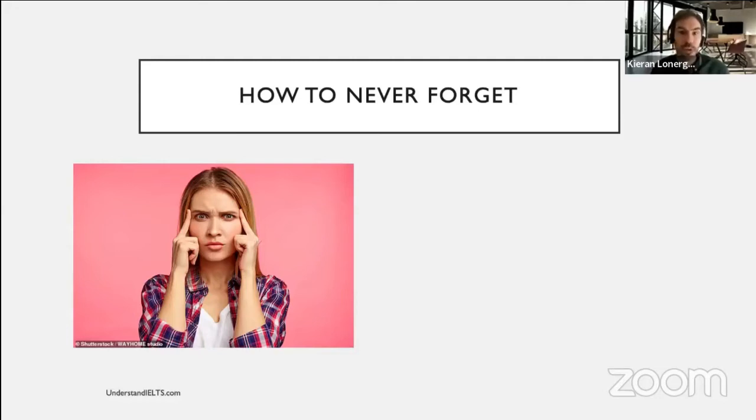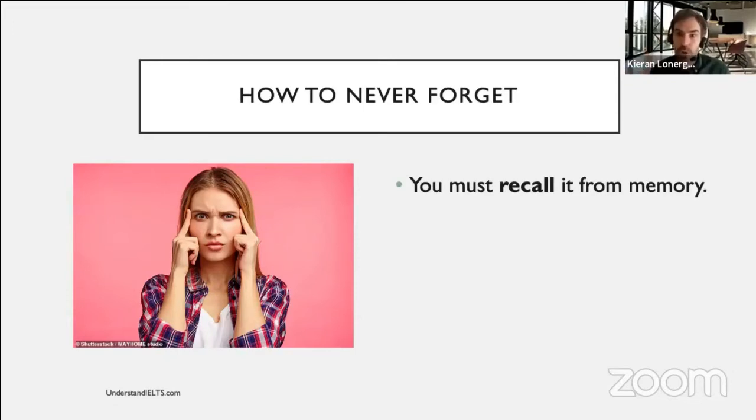If you want to move a piece of new information into your long-term memory so that you never forget it, you need to do this. First of all, you must recall it from memory, not simply reread the information. Some students think that to learn something, like a new word, they just need to see it again and again and again.